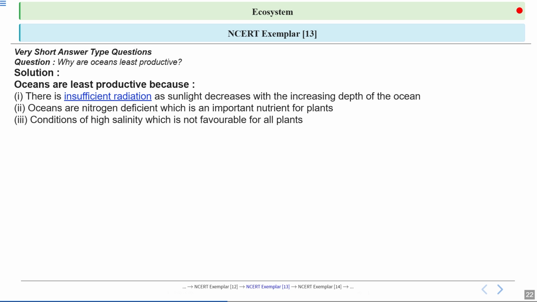Now next is the high salinity of ocean water. High salt levels can be harsh for many plants. This salinity creates an environment where only certain plants can survive. Another factor is the lack of substratum or a solid surface to support plant life.